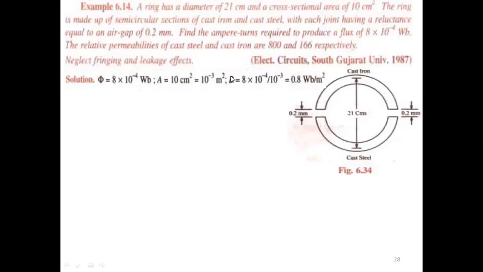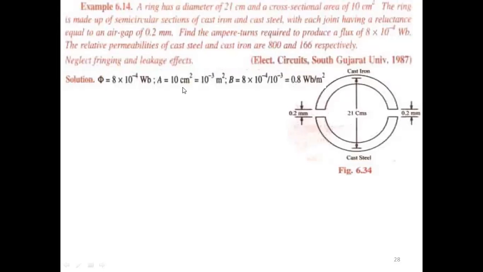According to that, first you write the given data, and according to the question, we have to draw the diagram here. So this is the diameter, this is the area, and the area is 10 centimeter square as he has given already. Phi is given as 8 into 10 to the power of minus 4 Weber.